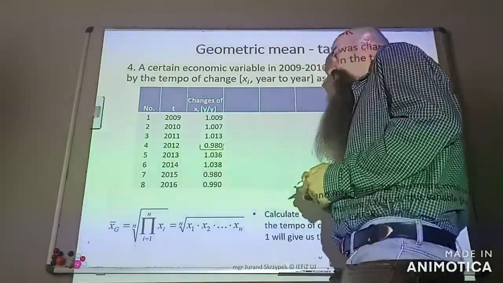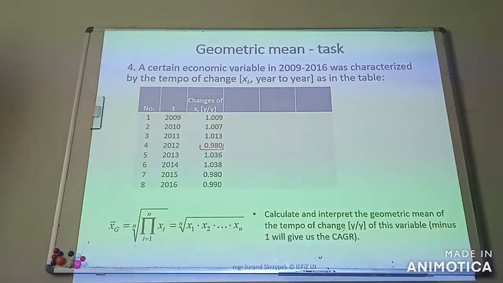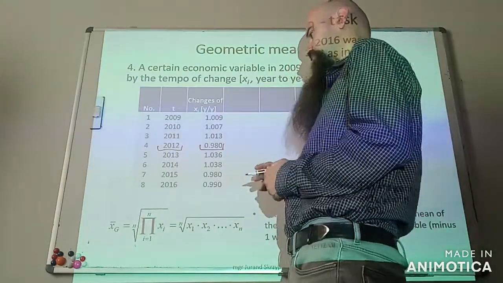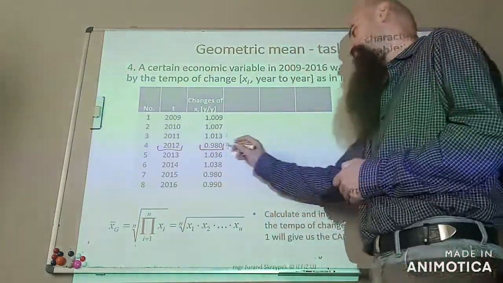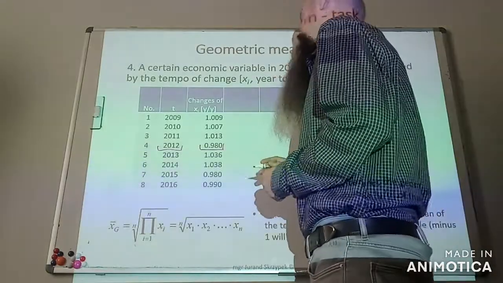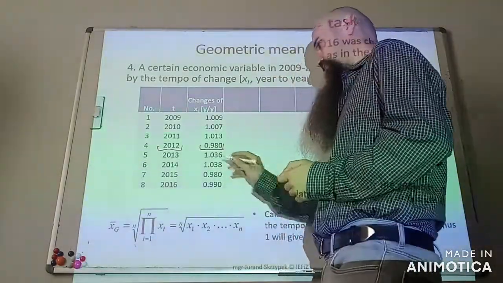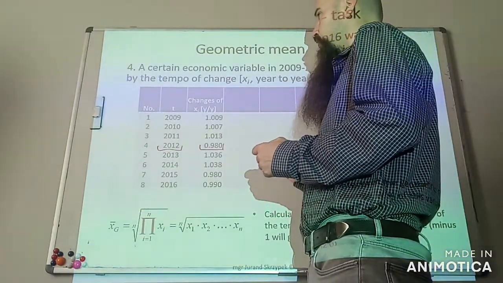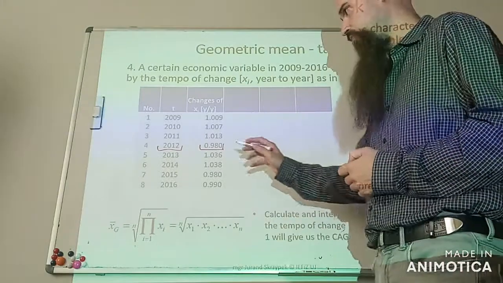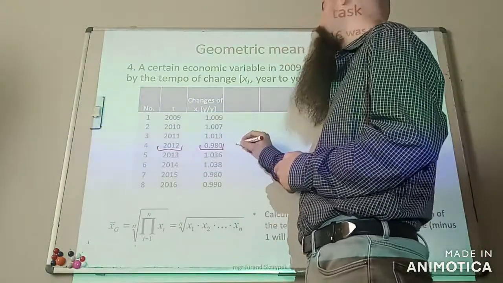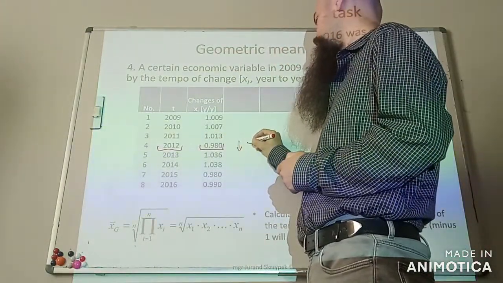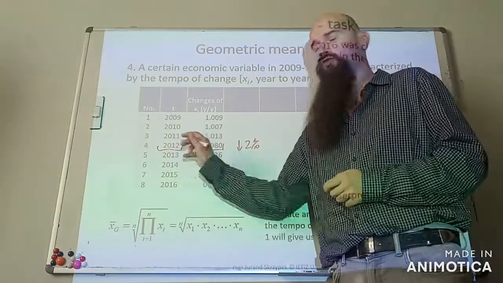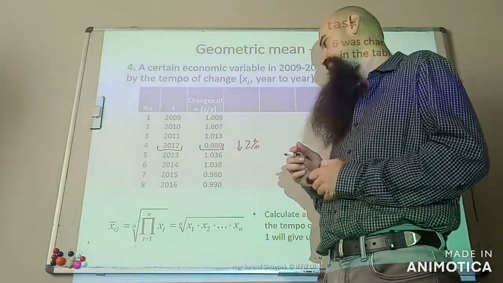Maybe we should interpret another value, from the 2012 year, 0.98. It means that the value of the economic variable in 2012 was 2% lower than in the 2011 year.